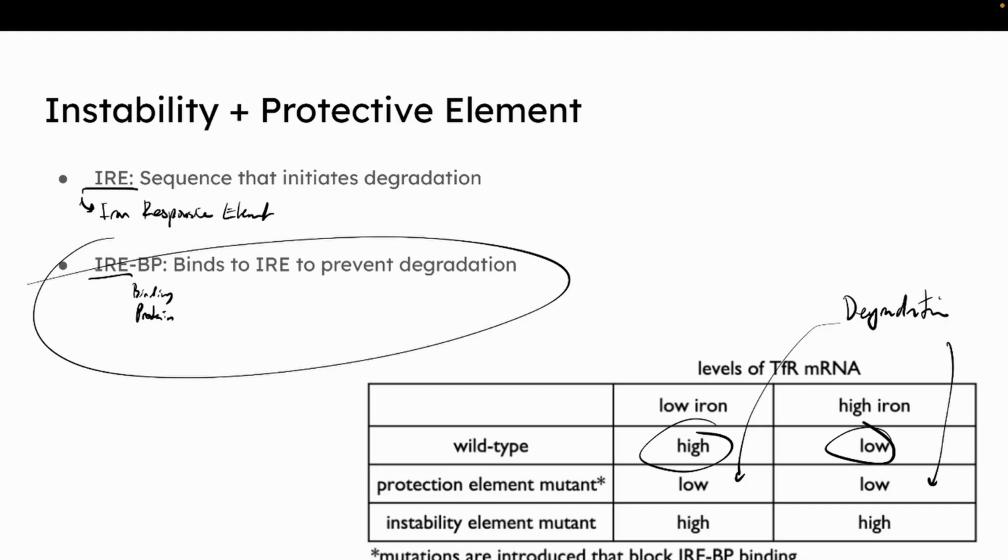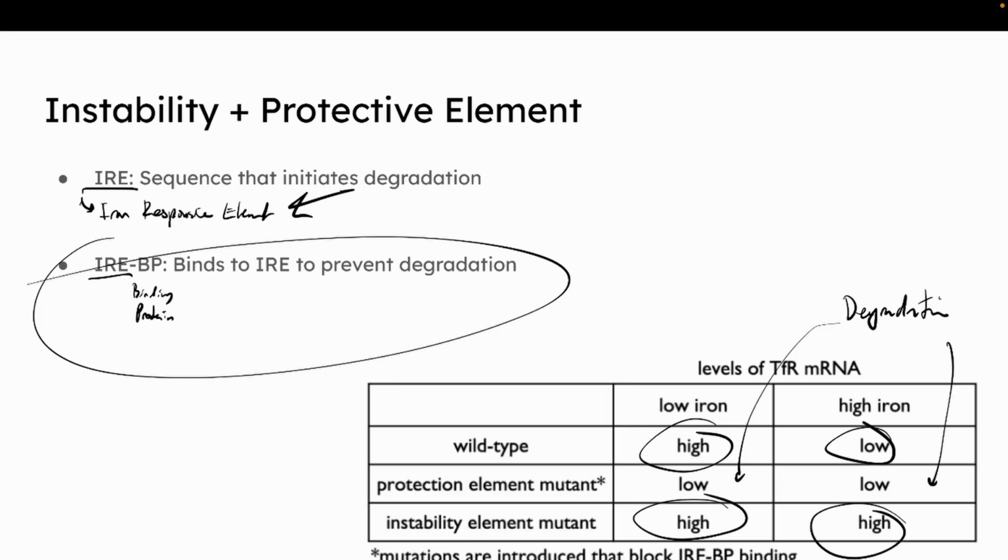Which is great. And likewise, when they induced mutations in the instability element, this IRE sequence, so that it could no longer bind to IREBP, we got high levels of TFR. Now this suggests that you need a certain type of RNA sequence to have degradation, because as soon as you change it, you lose your regulatory ability.